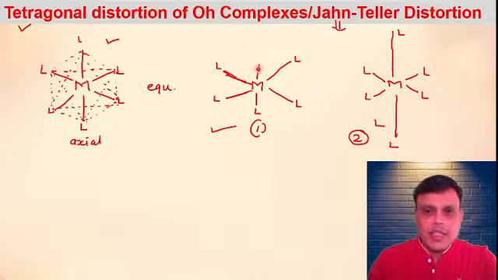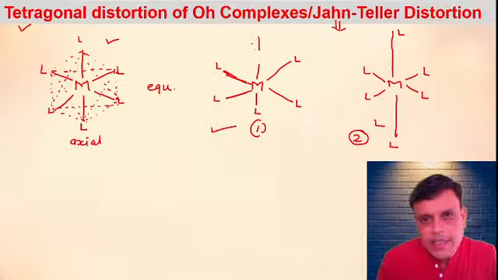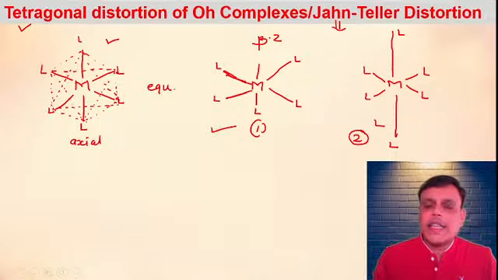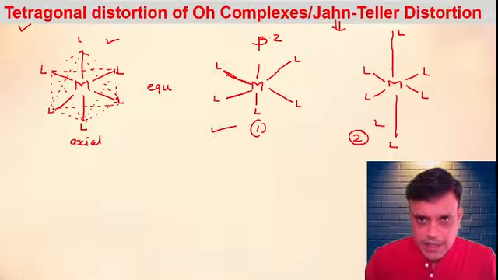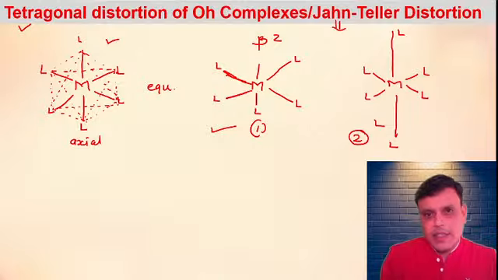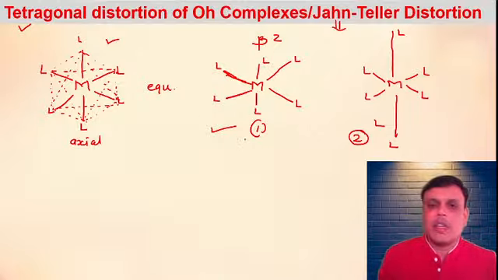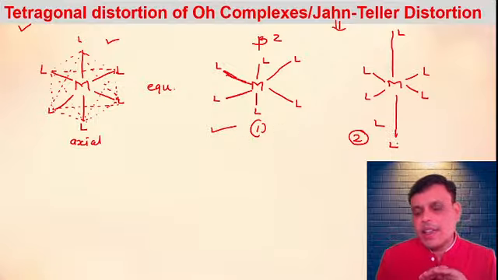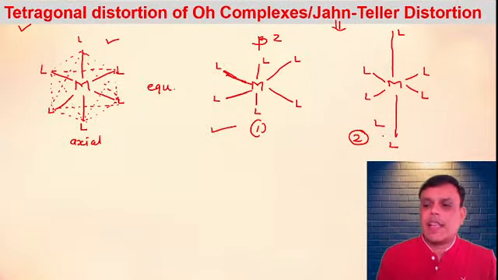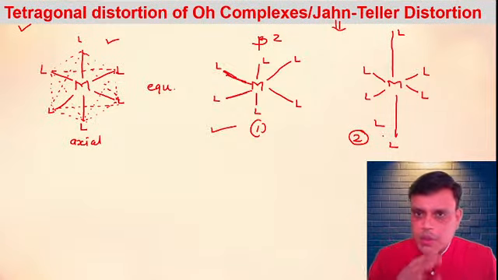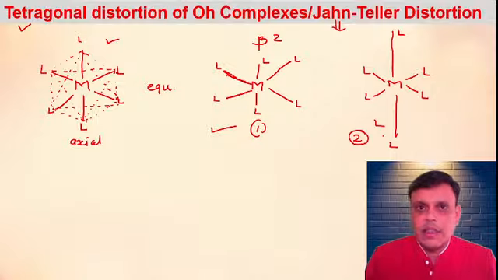This is your z axis, please remember, and by default the z axis is taken as the axial axis. So these two axial ligands get compressed in the first case, so it is called axial compression, and here the axial ligands get elongated, so it is called axial elongation. ठीक है, understood all of you? ये समझ में आया आप लोगों को, what is meant by distortion?